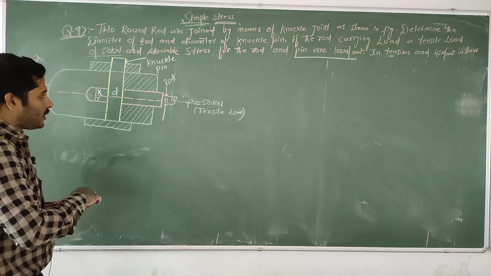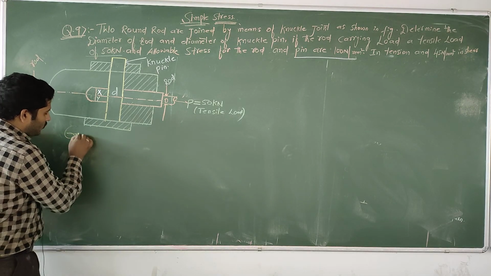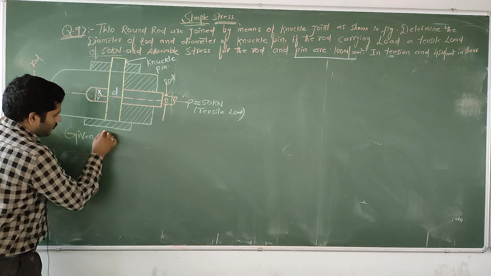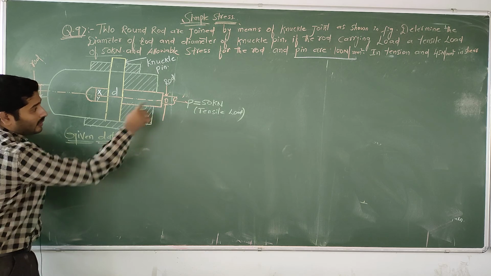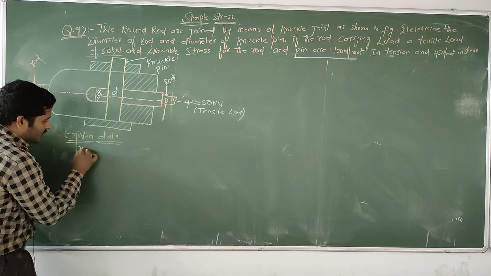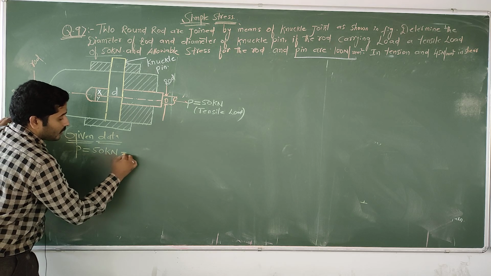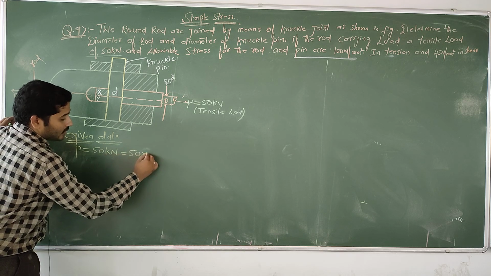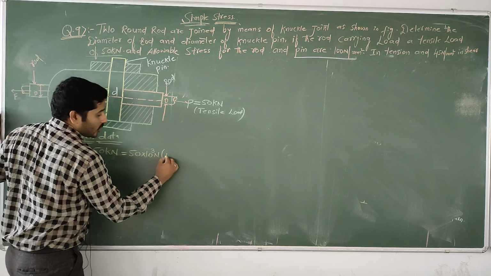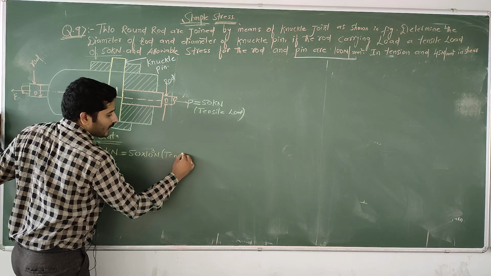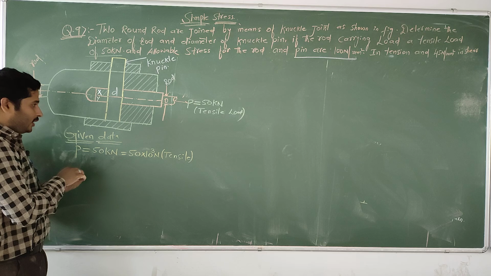First, I will write the given data. Tensile load P is equal to 50 kilonewton acting. Kilo means 10 power of 3 Newton. So what is the nature? The nature is tensile. Is it right? Again, what we need to find out?